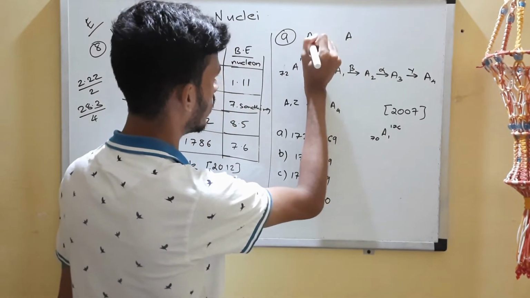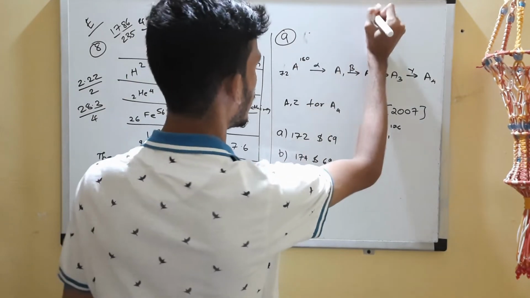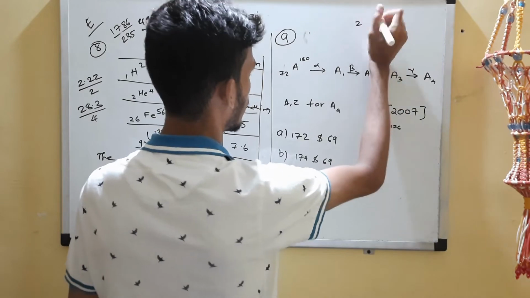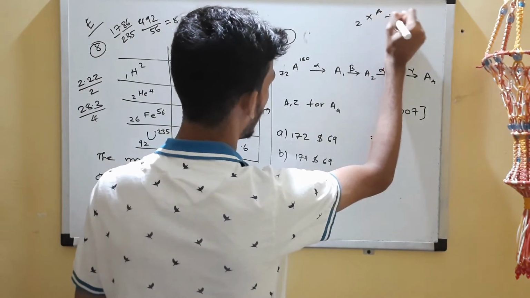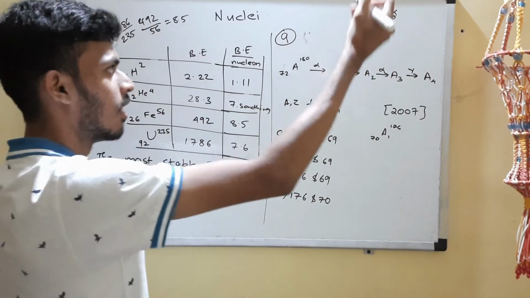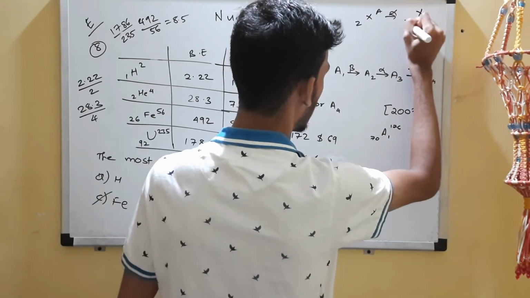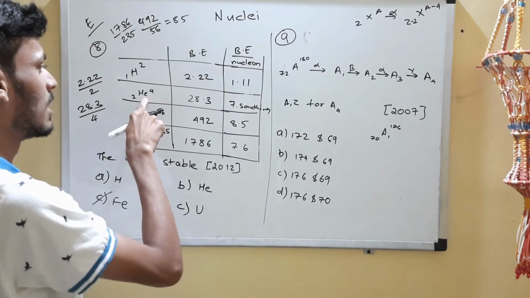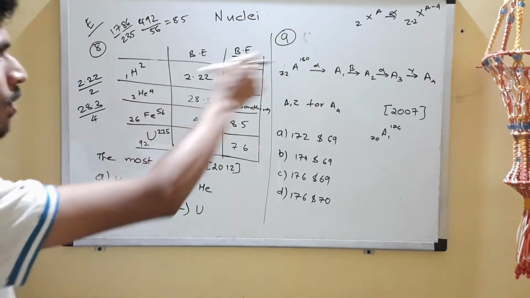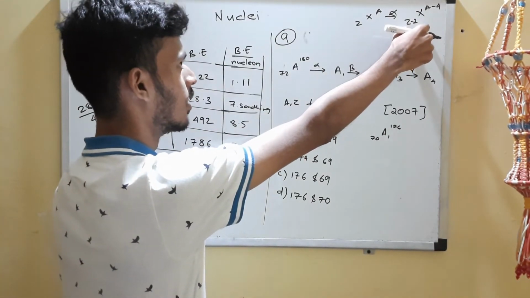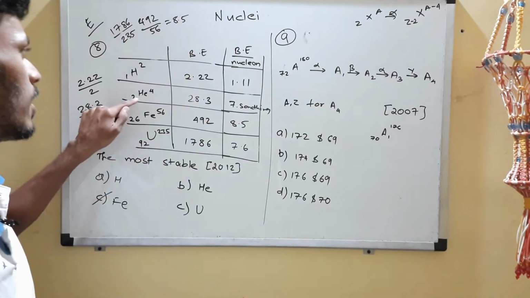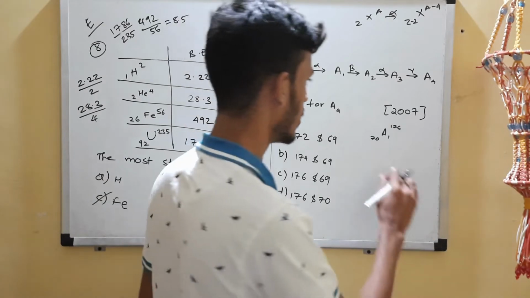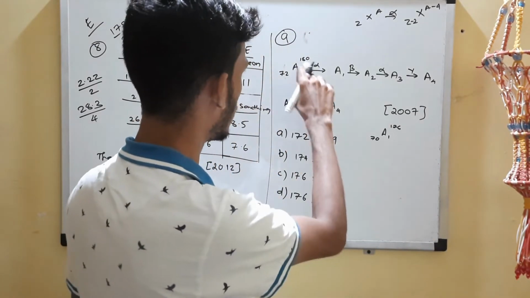If you have an atom like X with A and Z, and it undergoes alpha decay, then Z will decrease by 2 and A will decrease by 4. Basically, a helium atom is released. So the atomic number will decrease by 2 and the mass number will decrease by 4, because an alpha particle is released.